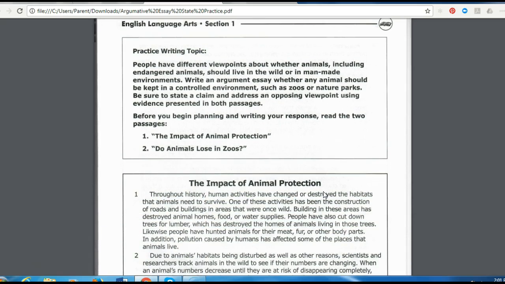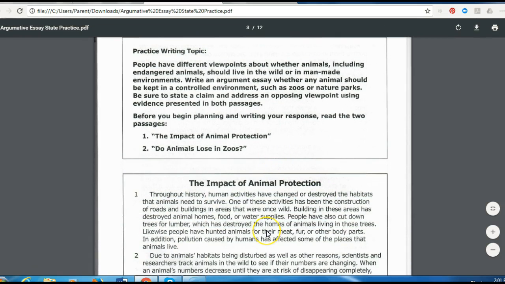So what you're going to have is 2 passages. And your prompt, this is an example of a prompt. This is not what you'll actually be writing about, but it will give you an idea of what to do. So for your writing topic today, it says people have different views about whether animals, including endangered animals, should live in the wild or in man-made environments.